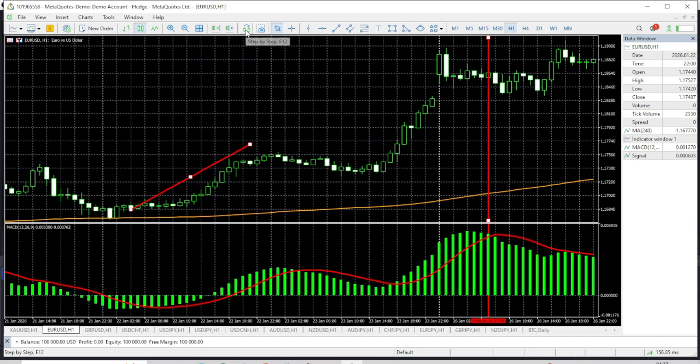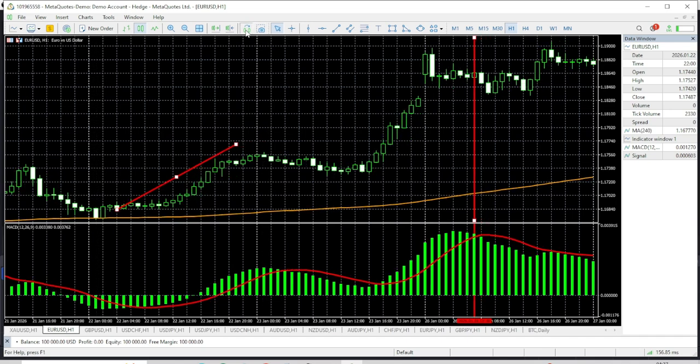Let's keep going. Let's go bar by bar now. So at this point, we see that we are supposed to exit at this point, but we see that subtracting 3 to 5 pips here will still keep us in the market.